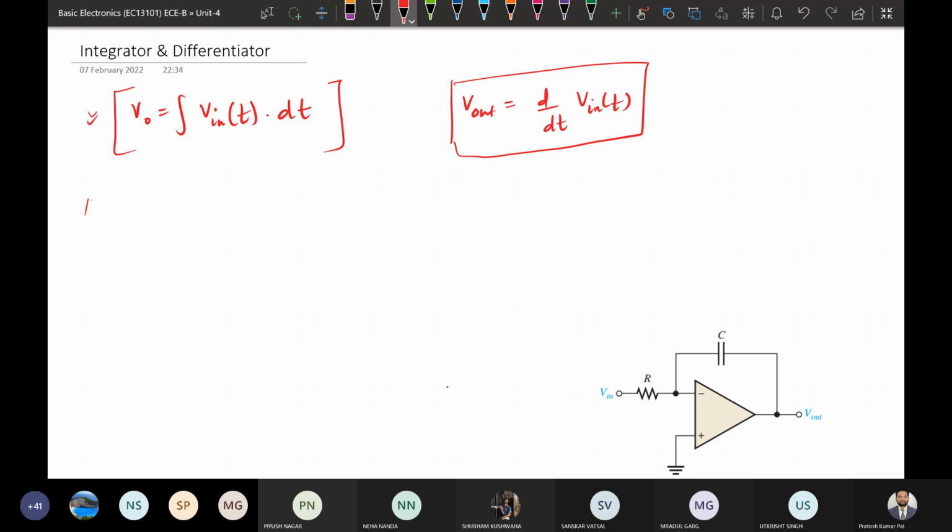Basic integrator. A basic integrator circuit is a low pass filter, with an input here and output connected here.